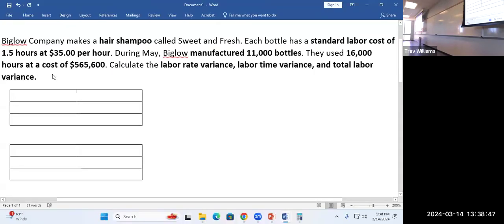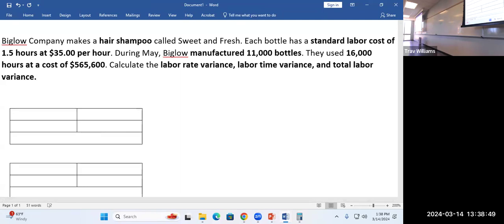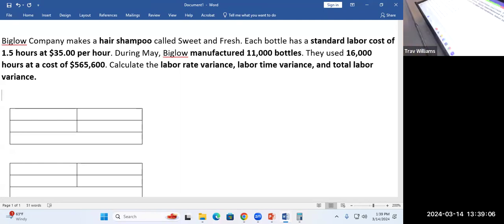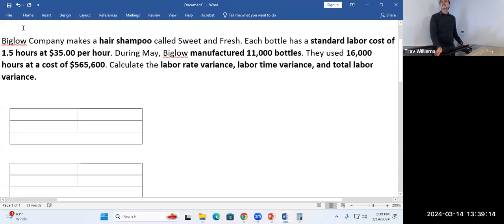Great. So what is the rate variance? Who figured that out? Okay. What is our formula for rate variance? We'll start there. Anybody?